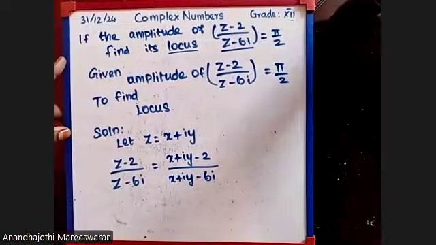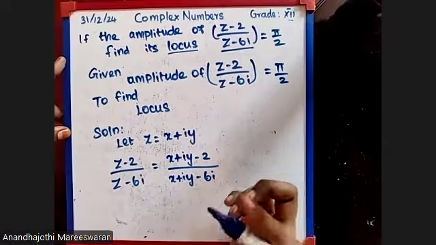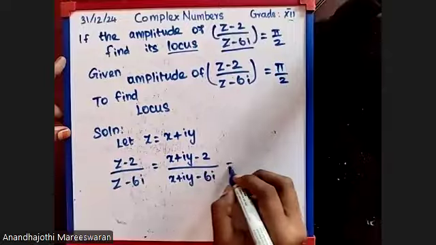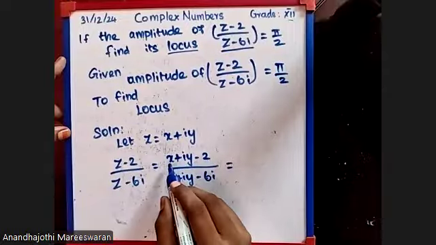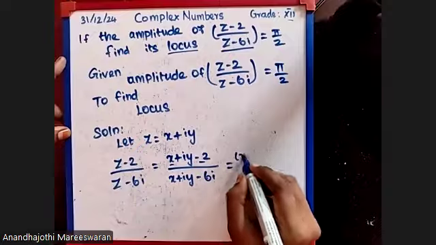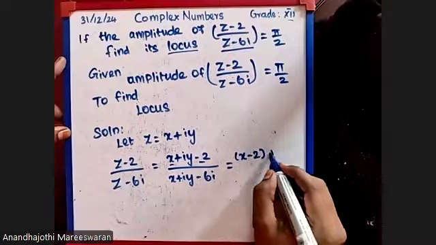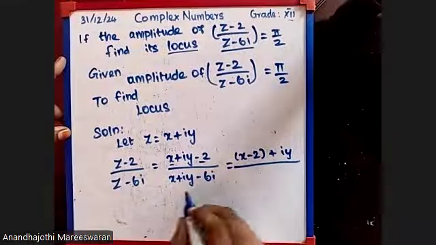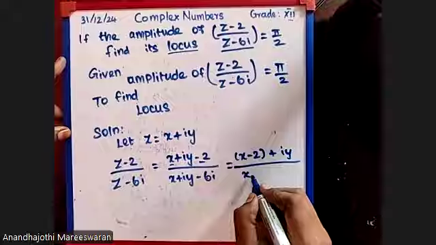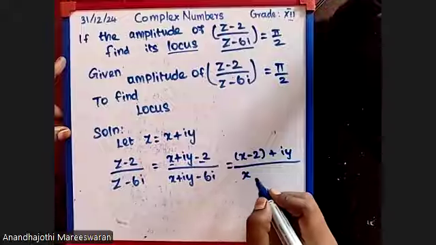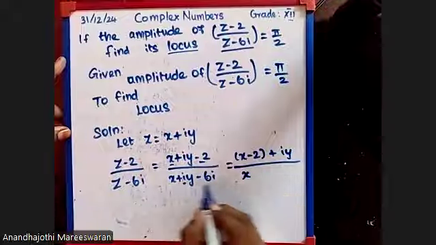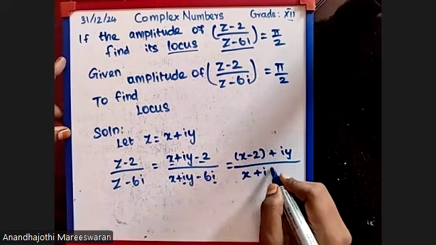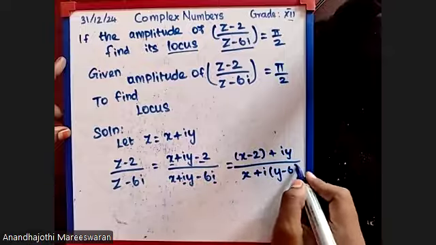As in the previous sum, we separate the real part and the imaginary part. Who is real here? x minus 2. Plus who is imaginary? iy divided by x is the only imaginary part in the numerator, so I keep x there. And now we take i from both of these terms, so plus i multiplied by y minus 6.